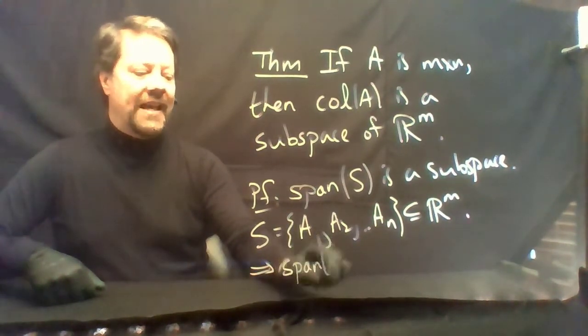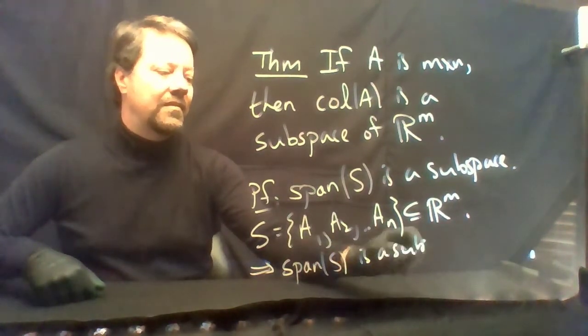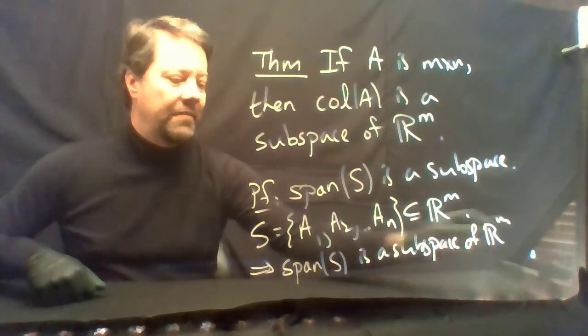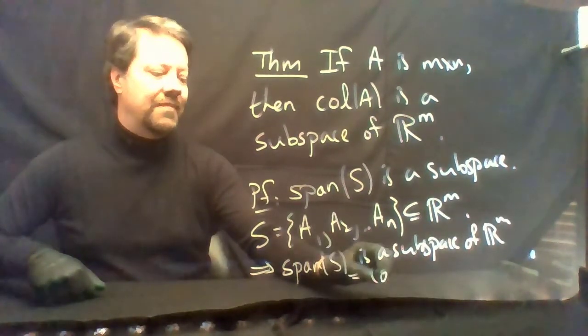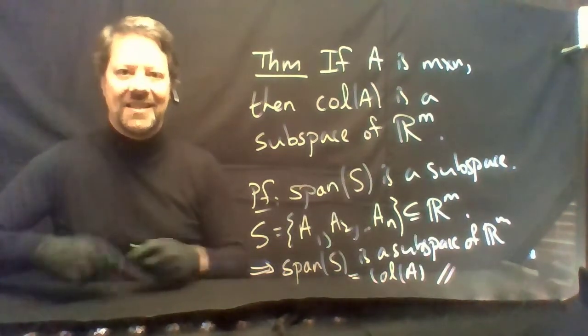So the span of that set is a subspace of Rm, but that is the column space of the matrix A. And so that's the end of the proof.